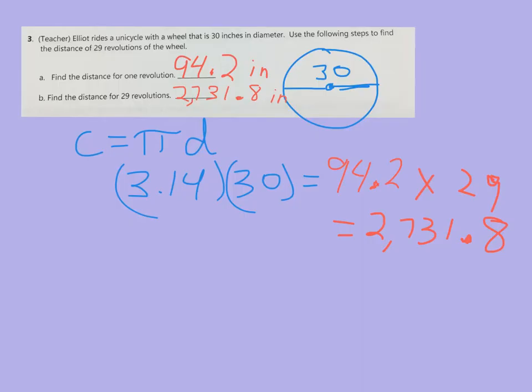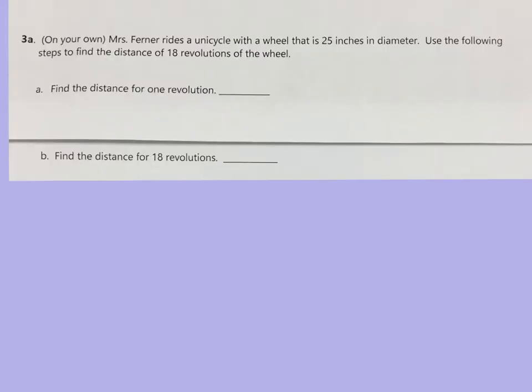That would be 2,731.8 inches, and I wrote that up here. So for 29 revolutions, the wheel would travel 2,731.8 inches. So 3A, I want you to try on your own, and do it the same way we just did number 3.